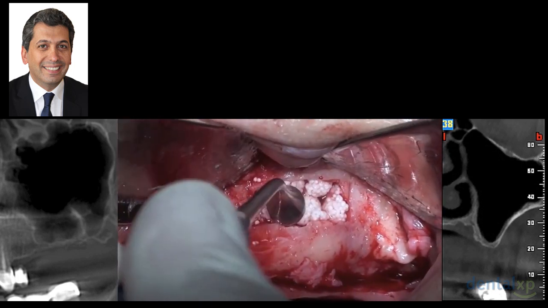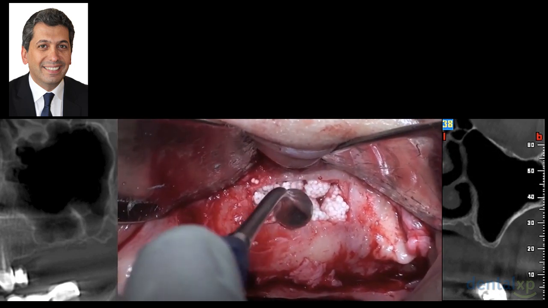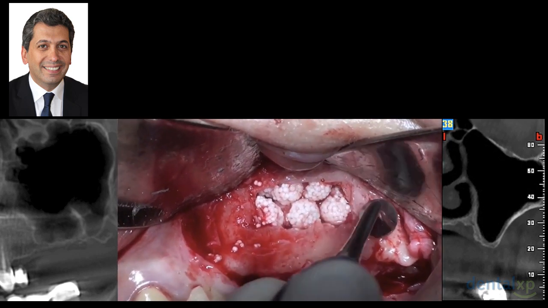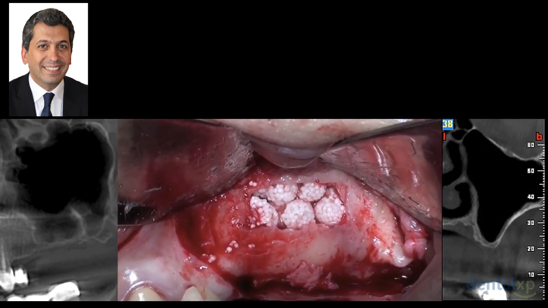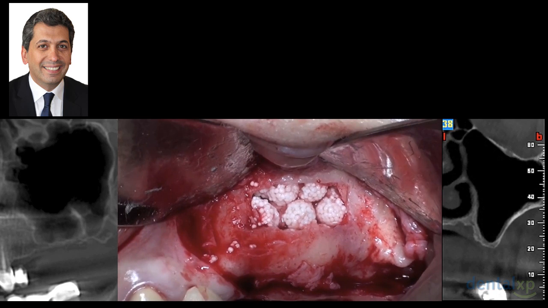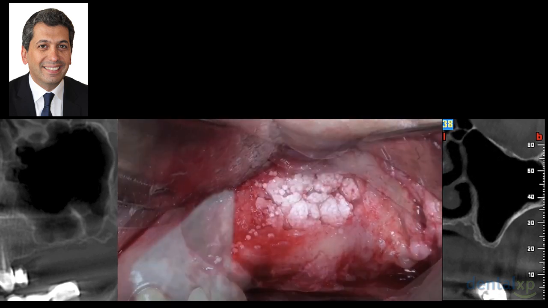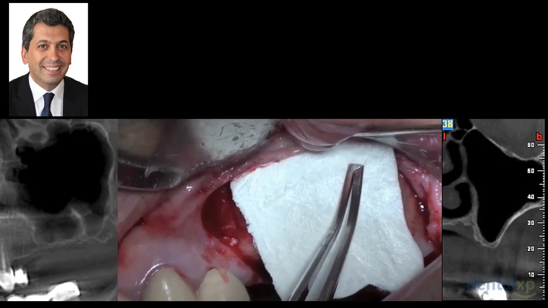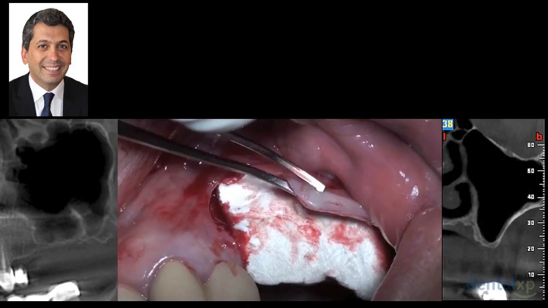So once the sinus is completely filled with biomaterial, it is important to cover the buccal part of this window with a membrane. We will discuss later on what happens to this membrane. Is it important to put some tags in?